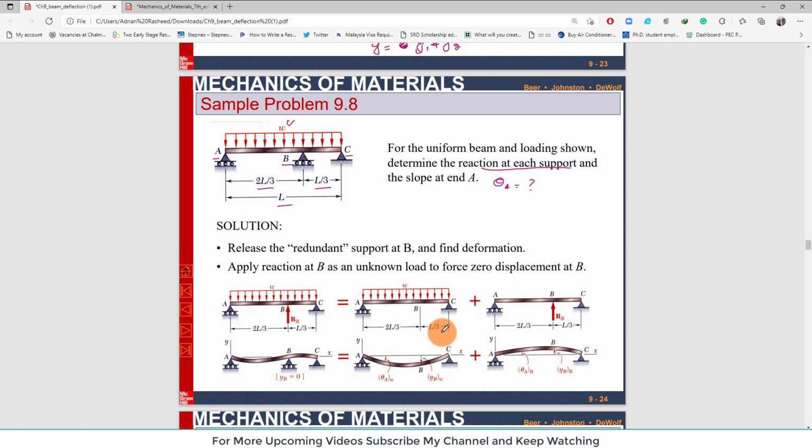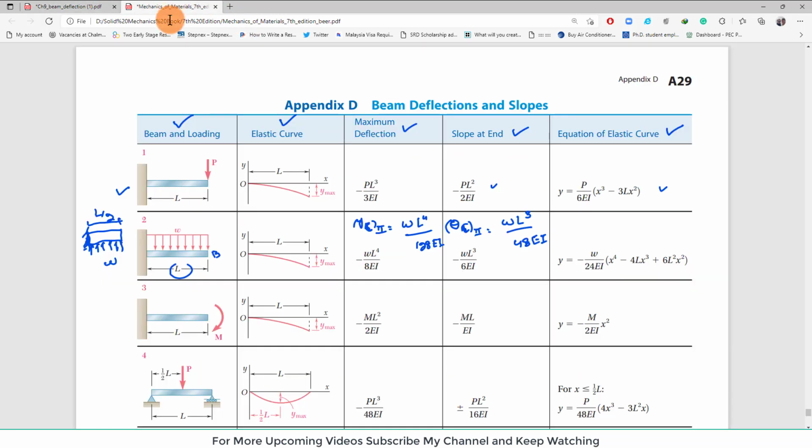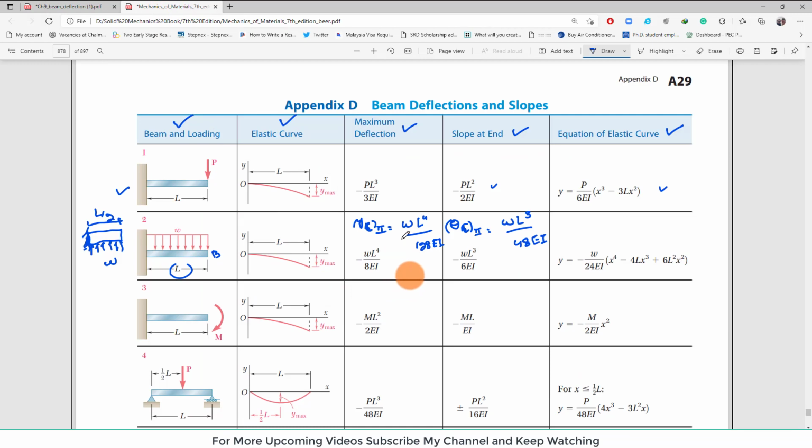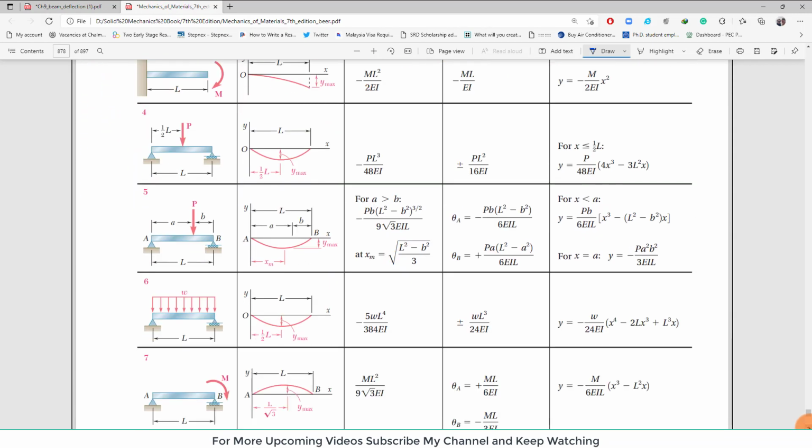If you draw the free body diagram of this beam, you can see that these are the 2 supports, and if the roller support is replaced by a reaction, it will be like this. Now from our table you can see that there is a beam under uniformly distributed load W, and there is no reaction force.